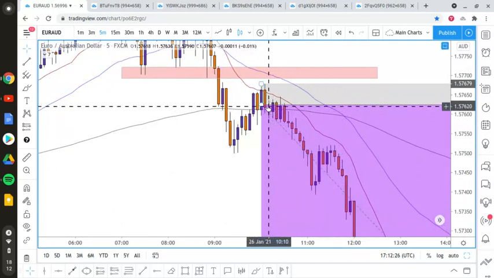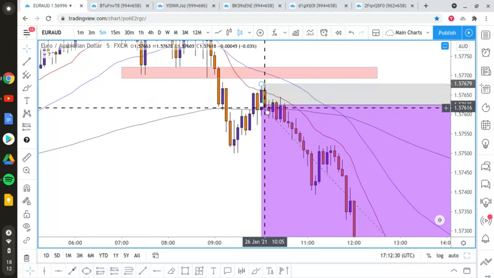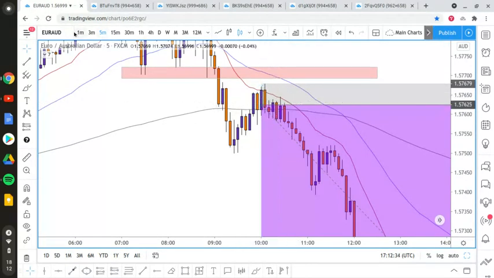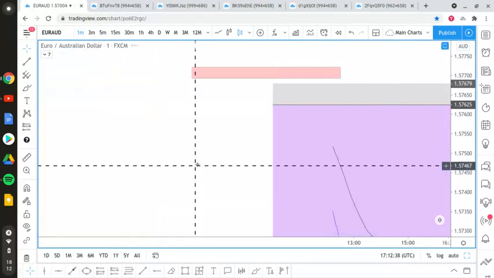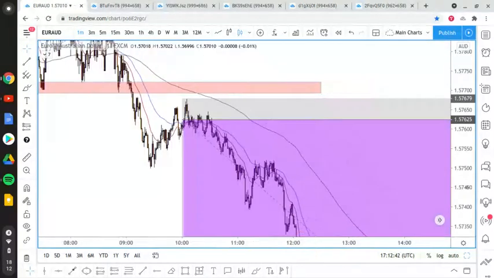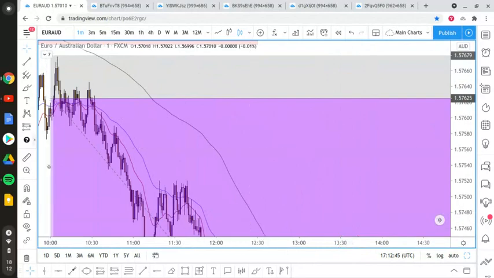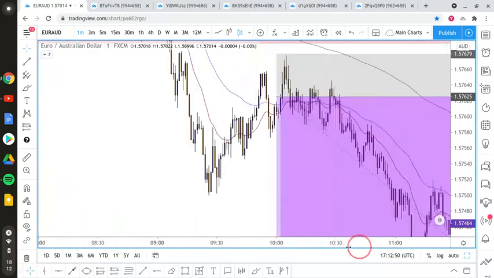Well, this was basically the pullback. Then I saw the sellers were coming in. This has moved. I'll just show it in the 1 minute. So it was a triple top in a downtrend.